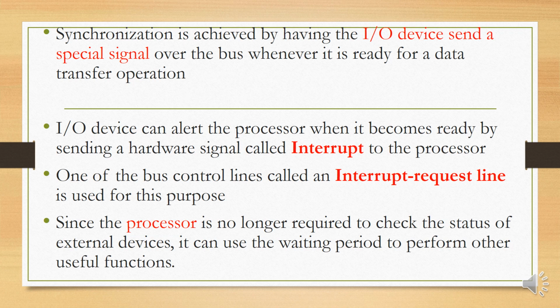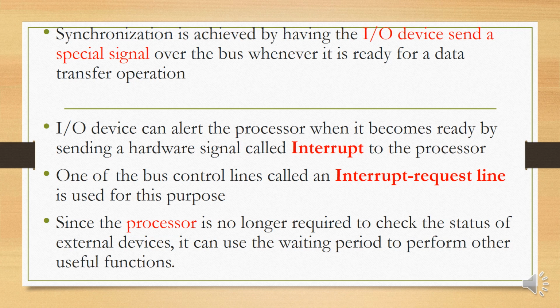As you know, synchronization is achieved by having the IO device send a special signal over the bus whenever it is ready for a data transfer operation. That is, the program enters a wait loop in which it repeatedly tests the device status. Right. Actually, the IO device sends a special signal whenever it is ready for data transfer.